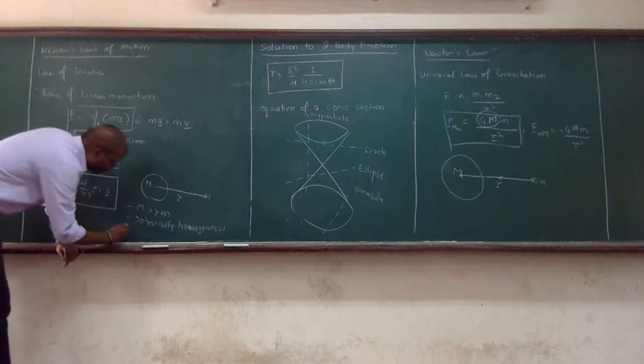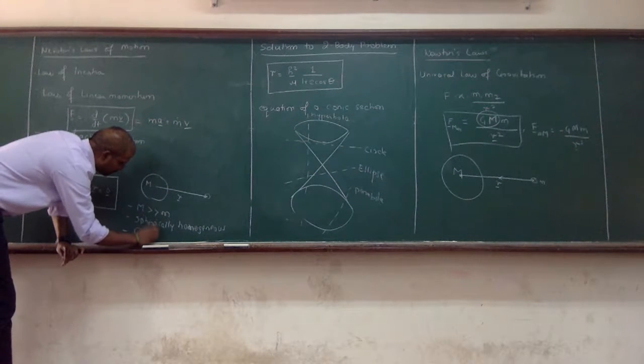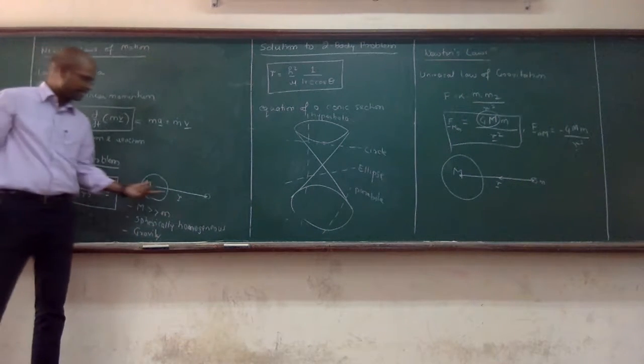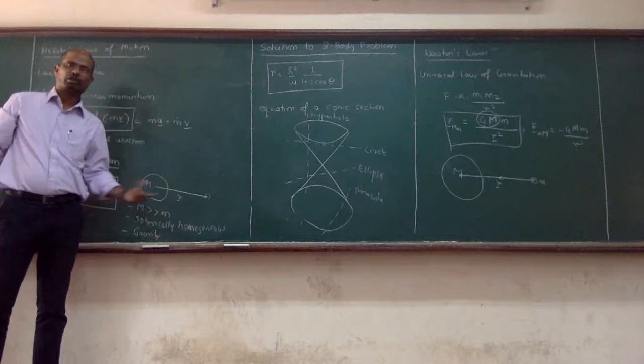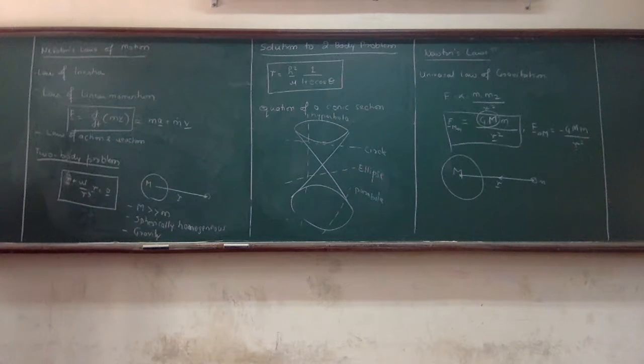And then the third and most important assumption is gravity is the only force acting between these two, or gravity is the only external force. Now, if you look at something which is orbiting, is gravity the only force? What other forces are acting? So we say that gravity is the only force acting which will determine this.